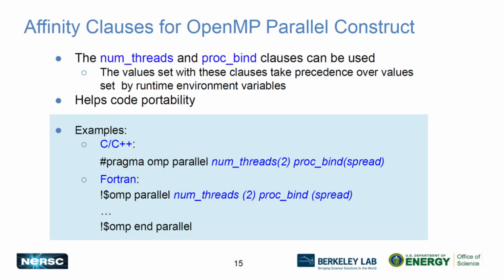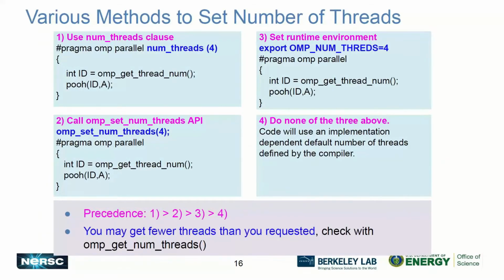As I mentioned, num_threads and proc_bind you can also use on an OMP parallel region as a clause. There's no OMP places clause yet. There are different ways to set the number of threads, with different precedences. If you do nothing, you get the default, which is the compiler's default number of threads based on your hardware and compiler choice.